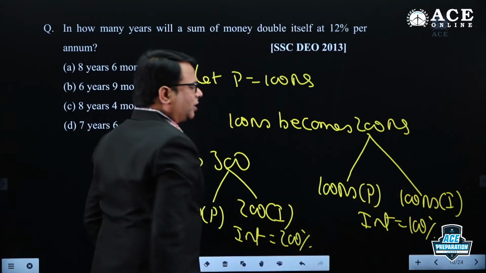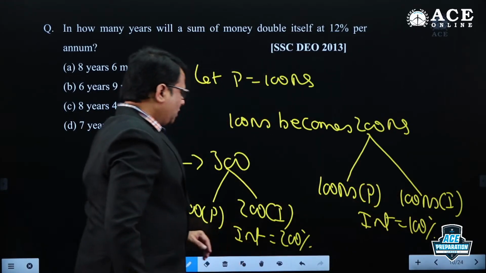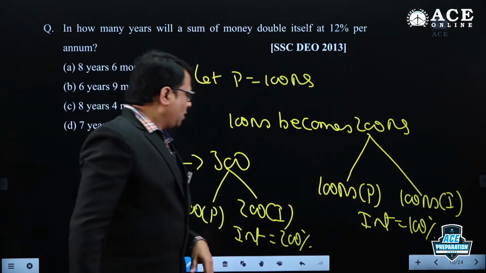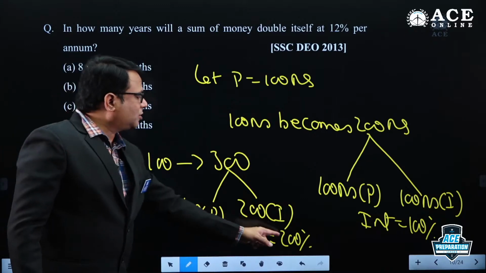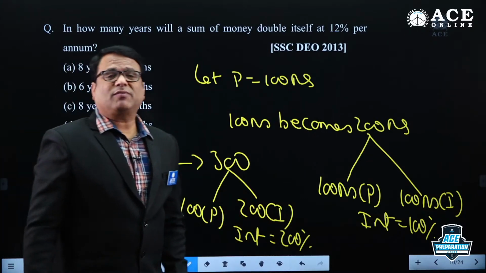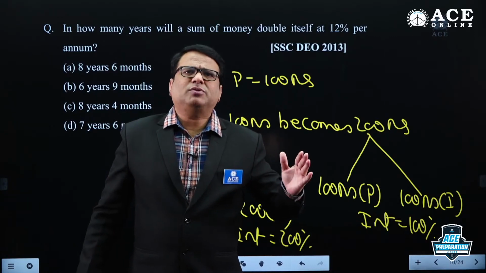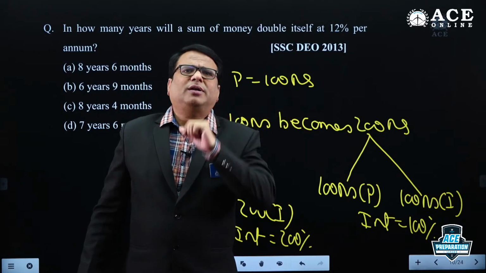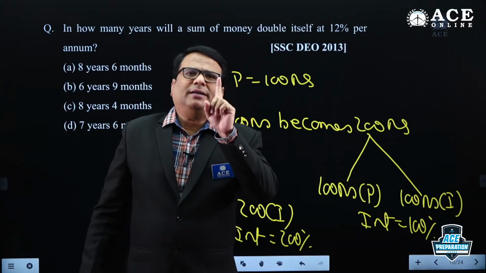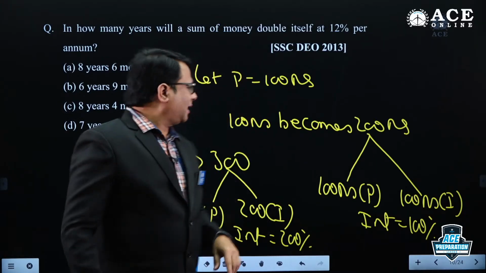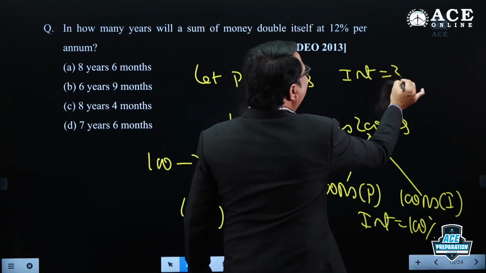Suppose the money becomes 4 times, then 100 becomes 400. Out of 400, principal is 100 and interest is 300 rupees. Then I can say interest is 300%.